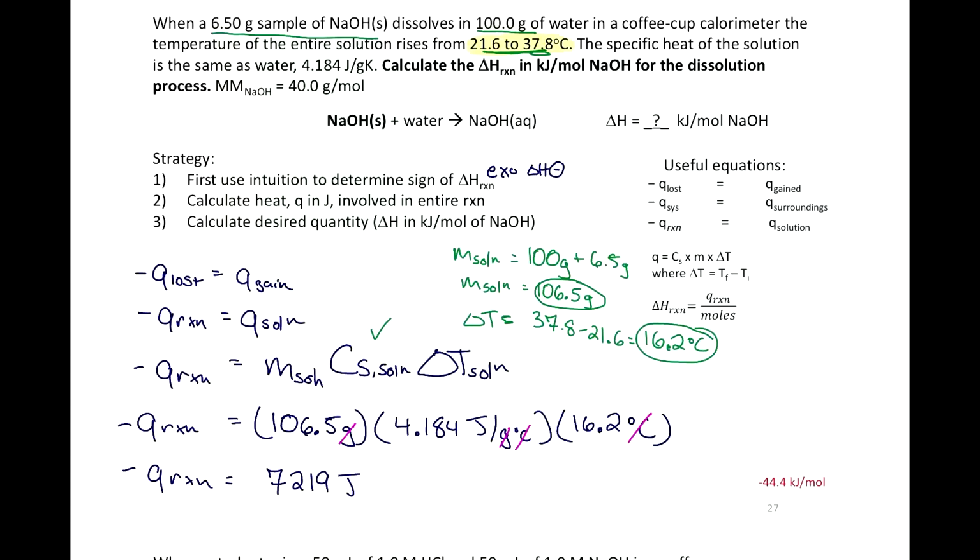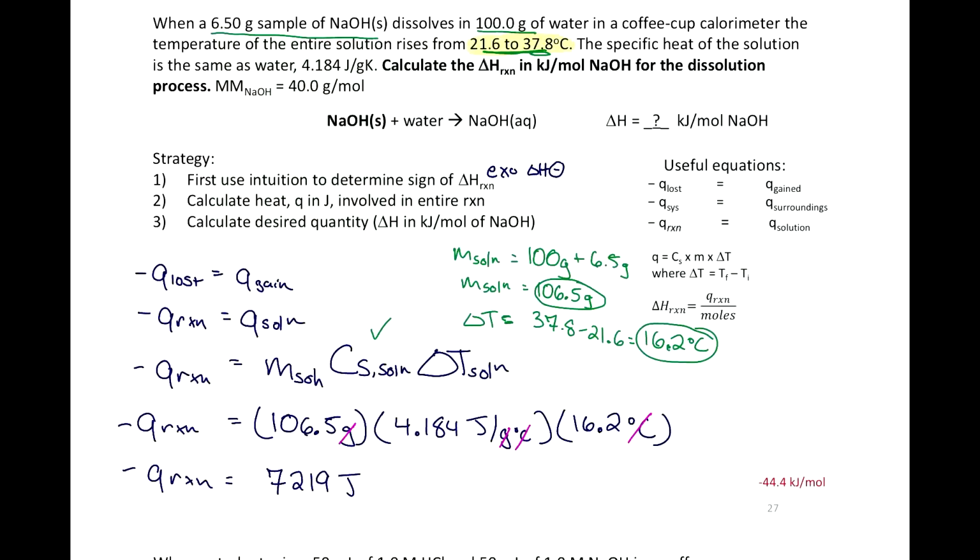What this number means is that the solution gained this amount of energy to heat itself up. All right, the temperature of the solution went up because it gained 7,000 joules of energy. But notice we just calculated negative Q of the reaction. So if the solution gained that amount of energy, that means the reaction lost that amount of energy.